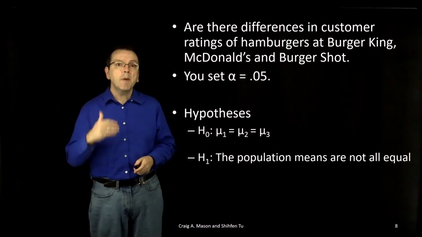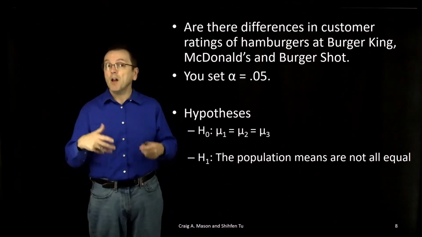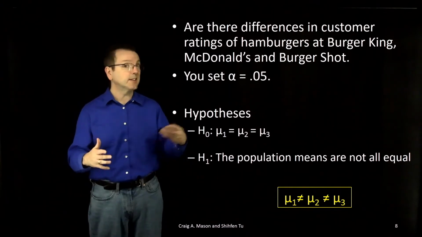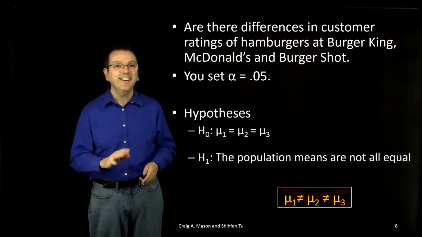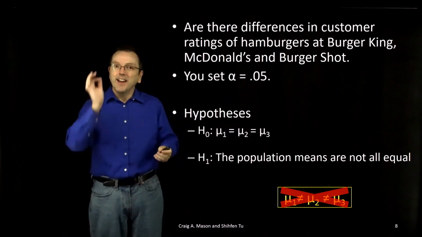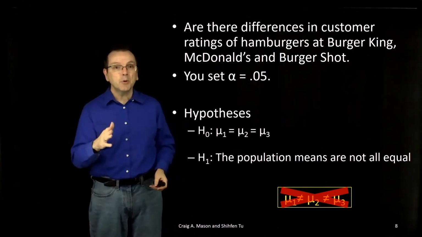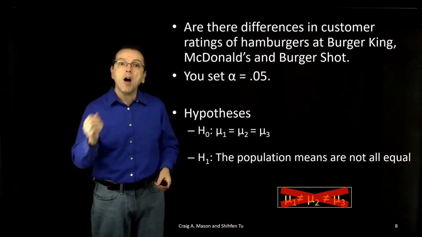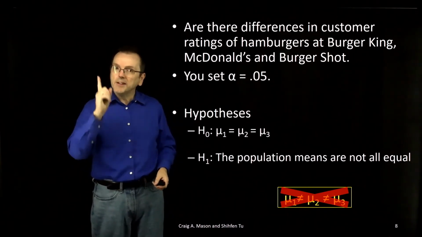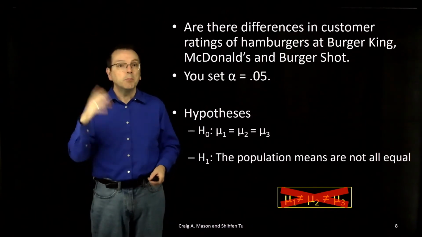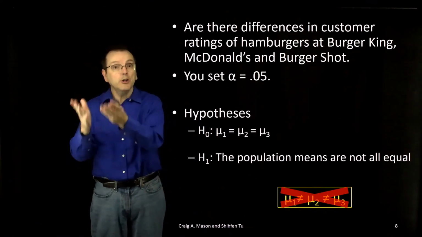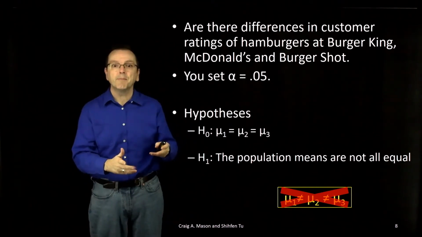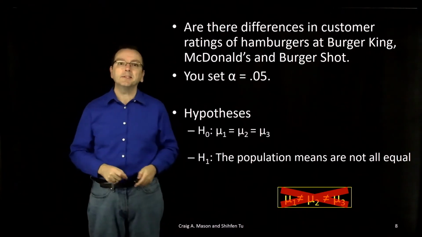Now remember, you may see some people report their alternative hypothesis as mu1 doesn't equal mu2 doesn't equal mu3, but don't do that. Technically, mu1 doesn't equal mu2 doesn't equal mu3 implies that the means are all different. But that's not correct. Mu1 and mu2 could be equal, but just different from mu3. Write out the hypothesis, okay?